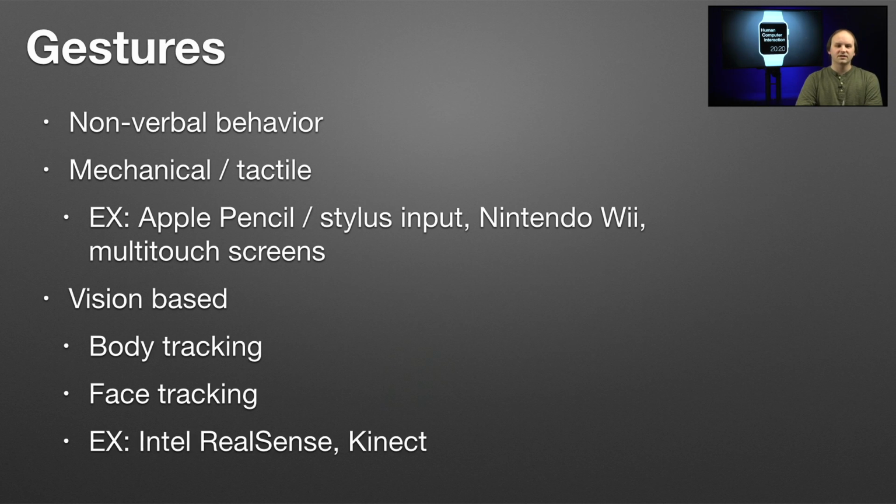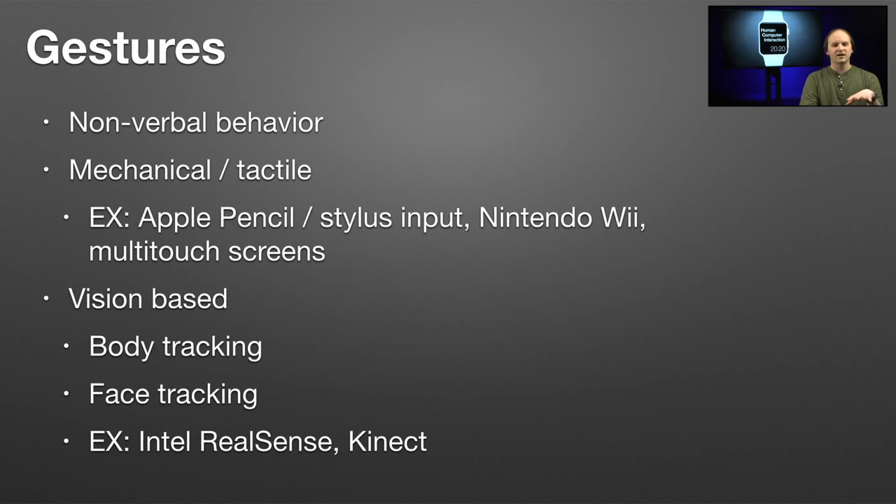I want to touch on, just briefly, gestures, which go hand in hand with haptics. If you think about haptics as the system actuating on the user, gestures are the user conveying something through their own actuation, and the system interpreting that. So this is nonverbal behavior.